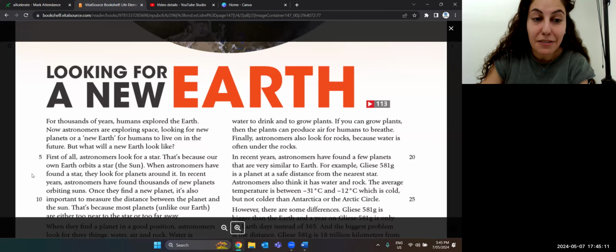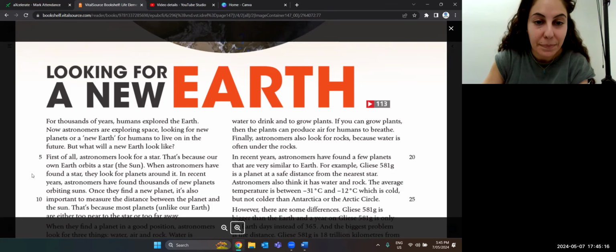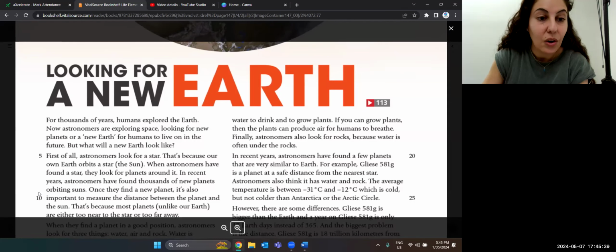When astronomers have found a star, they look for planets around it. In recent years, astronomers have found thousands of new planets orbiting stars.